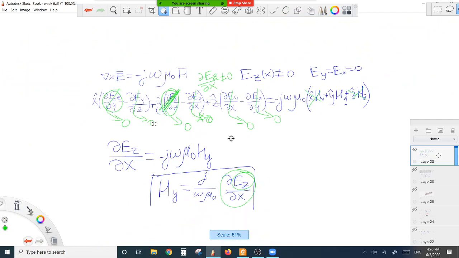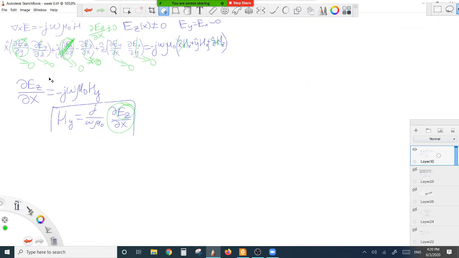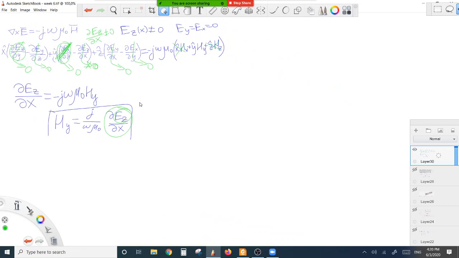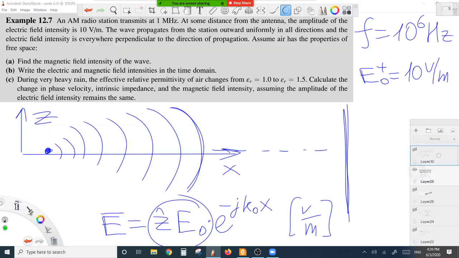So in order to compute this derivative, what we need to do? So Ez, the z component, is equal to this expression.